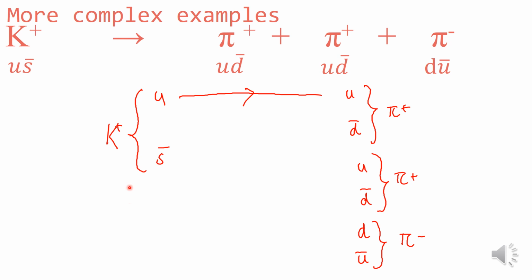The reason is, if you remember back to our standard model, it has to be a diagonal. If we're going to interact with quarks, it has to be diagonal or within the same generation. So this strange cannot interact with any of these anti-downs. It has to be interacting with this anti-up. So if we draw that in, we can have a little vertex there, and then we can draw our anti-up and then our anti-strange.